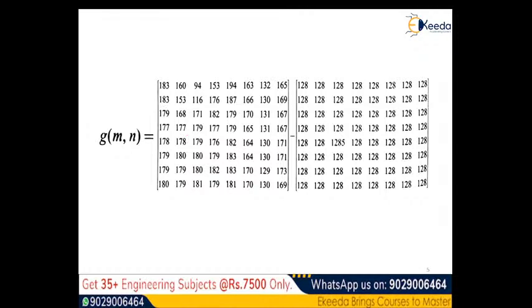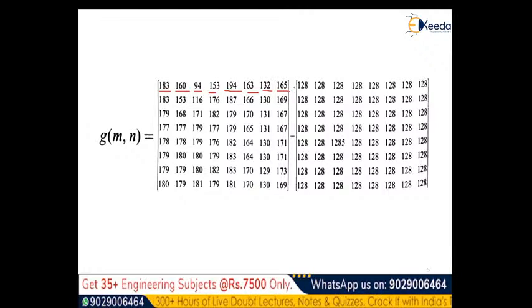Here this is the given input image sample, denoted as f of m comma n. We have 183 as the first element, first row, first column. In this first row, the second element is 160, then 94, 153, 194, 163, 132, 165, and so on.